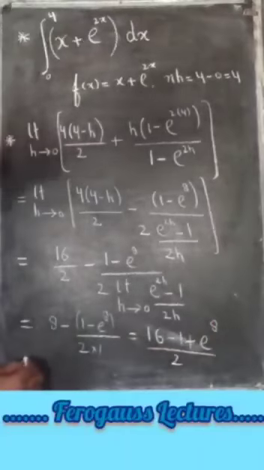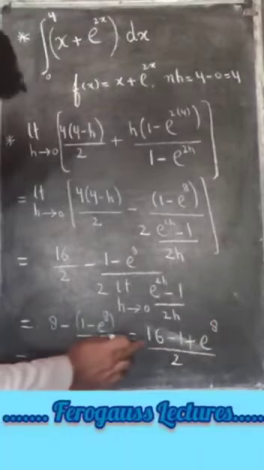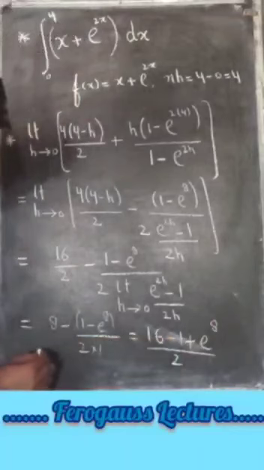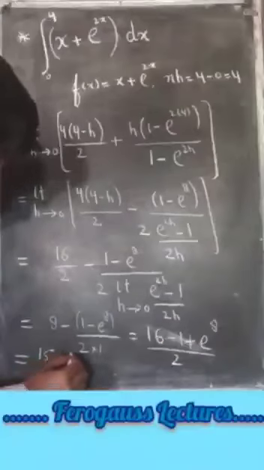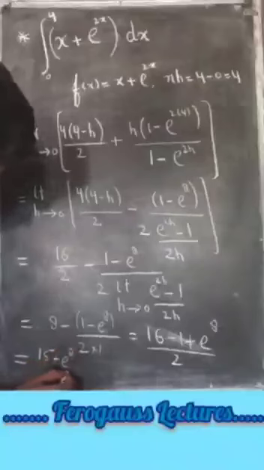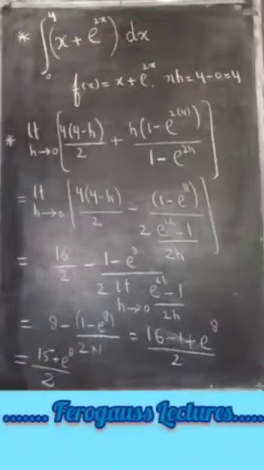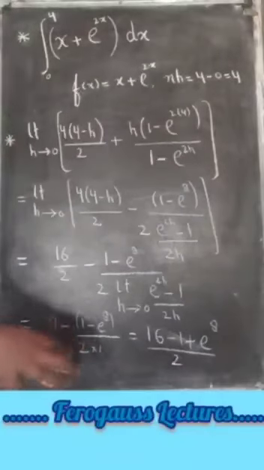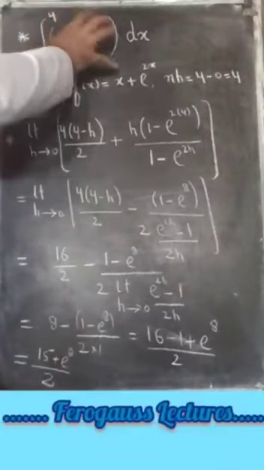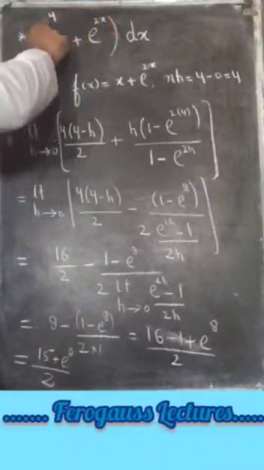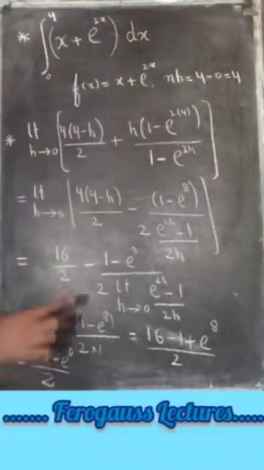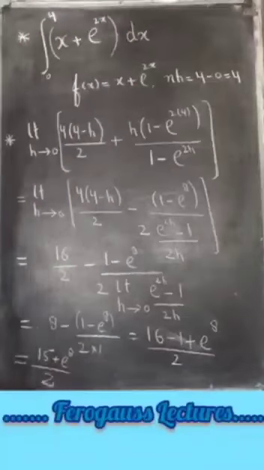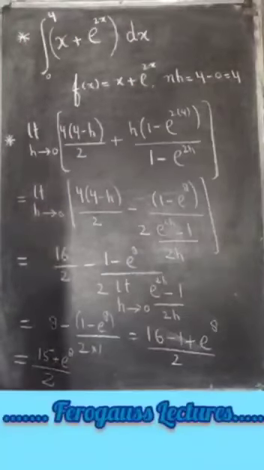That is equal to 16 minus 1, which is 15, plus e^8 divided by 2. That is the answer. So the value of this integral from 0 to 4 of (x + e^(2x)) dx is equal to (15 + e^8) divided by 2. That completes the question.